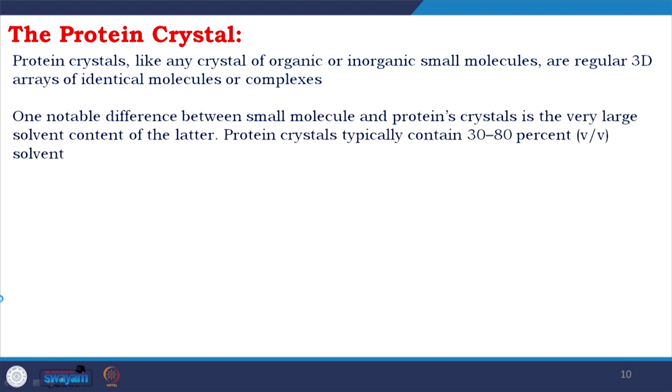One notable difference between small molecule crystal and protein crystal is that very large solvent content of the latter. Protein crystals typically contain 30 to 80% volume by volume solvent. So, you could imagine a crystal of sodium chloride, a crystal of magnesium sulfate.